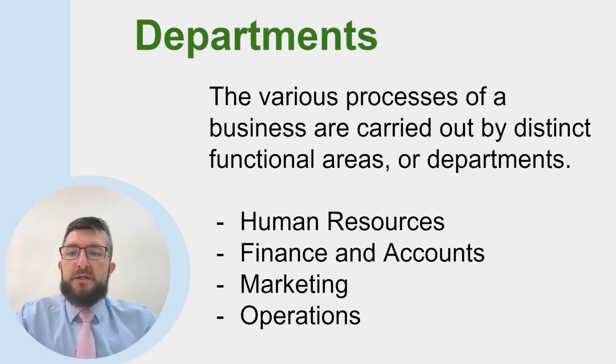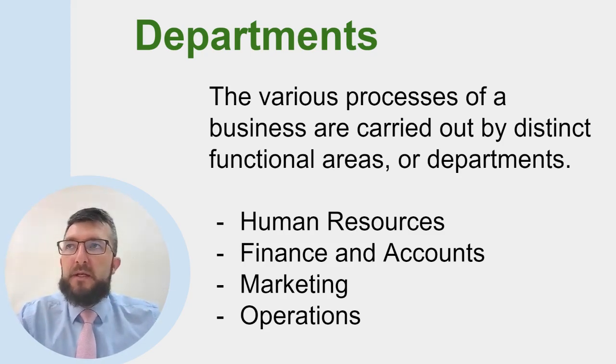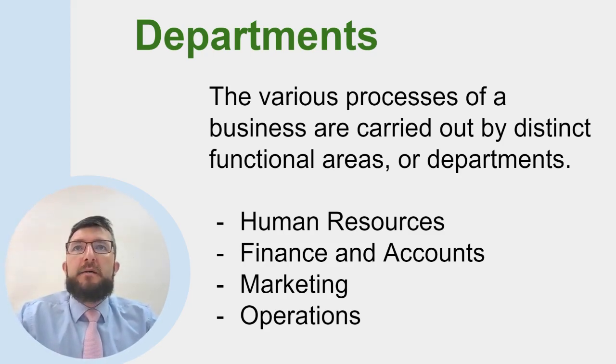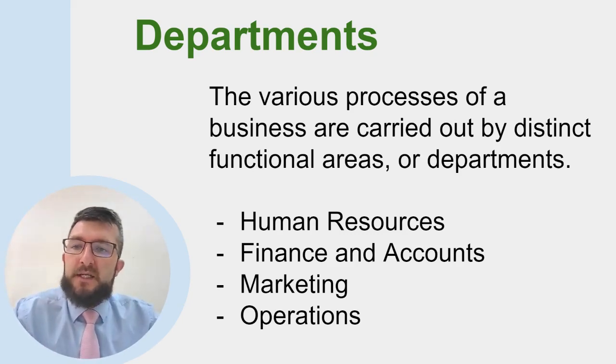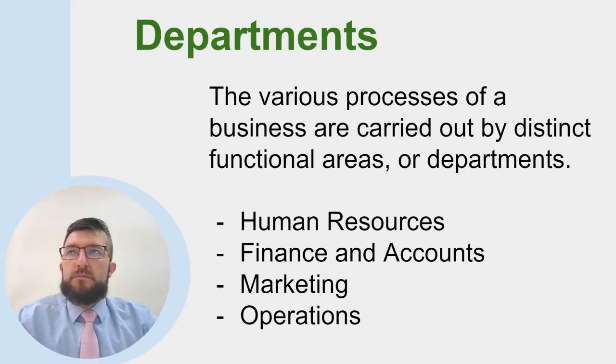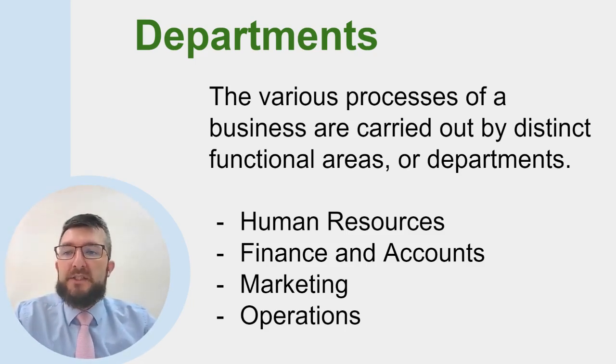Every process that occurs within a business can be grouped under one of these categories. Businesses in the real world don't adhere strictly to these 4 departments. There can be many more, as we'll discuss, but each function within a business can fit under one of these categories.